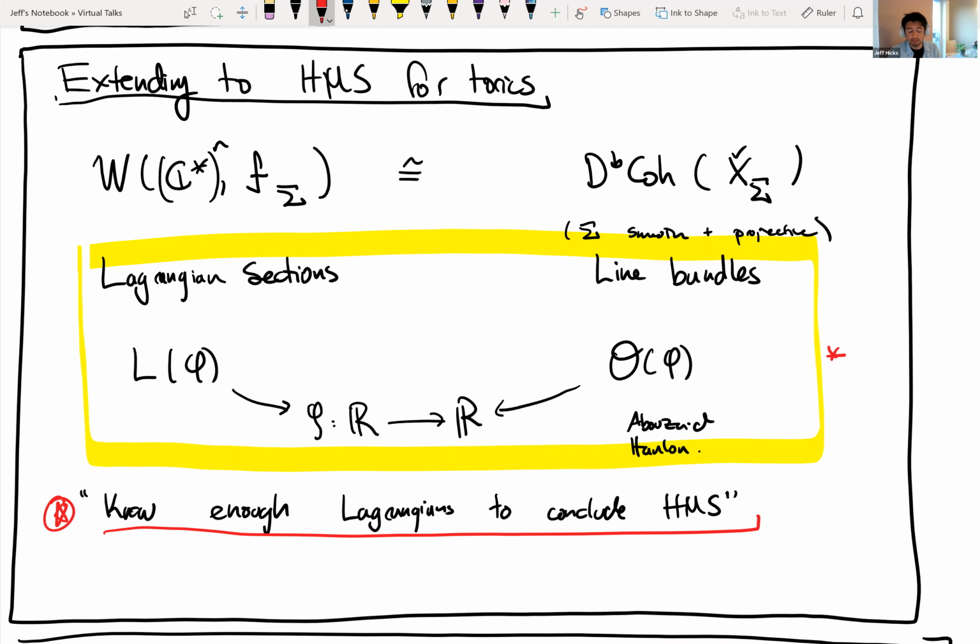Now, there's actually a good mirror symmetry reason why you would think that knowing this correspondence by itself is enough. After all, line bundles in the smooth setting generate the derived category of coherent sheaves. So if you believe mirror symmetry, then you should think that knowing the data on line bundles is going to be enough to get you all the way.